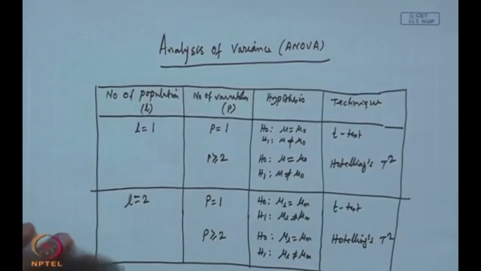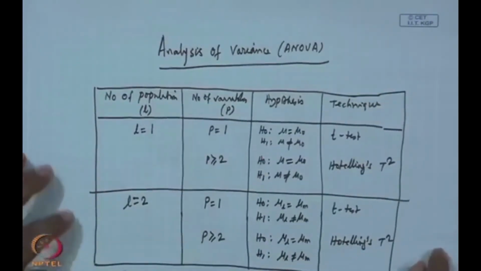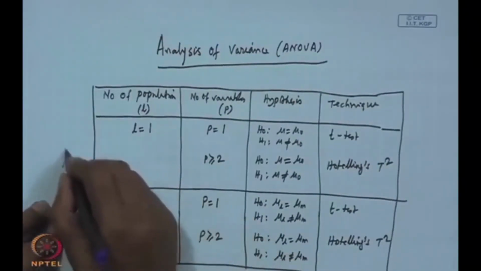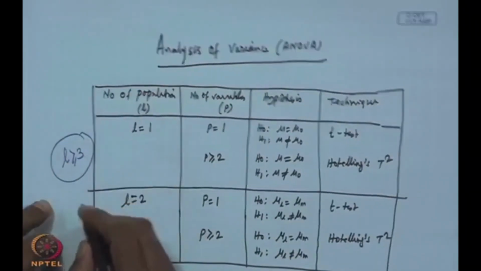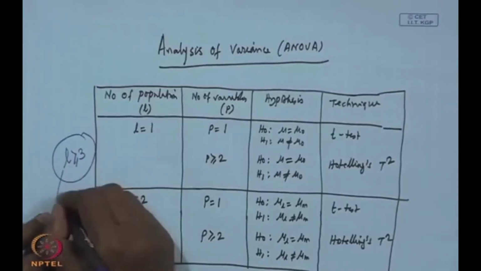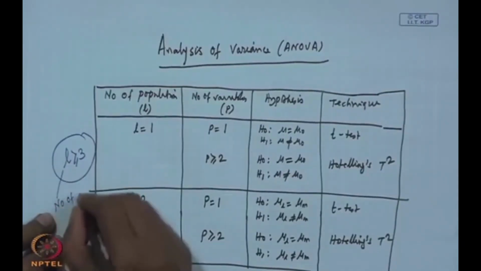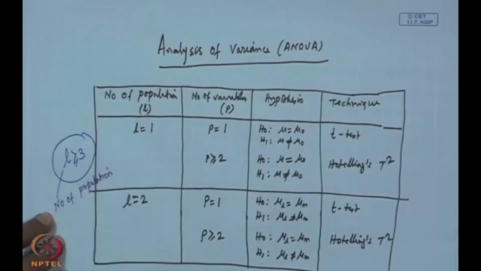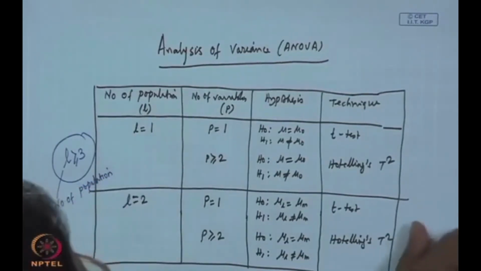What will happen when L is 3 or more? Our discussion today is for the L greater than or equal to 3 case, where L stands for the number of populations.